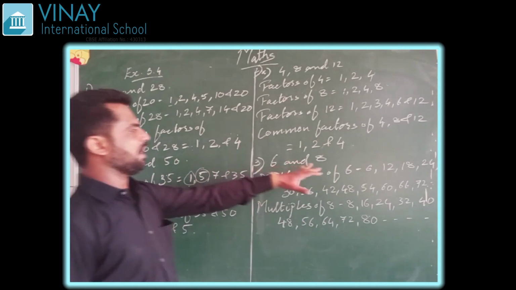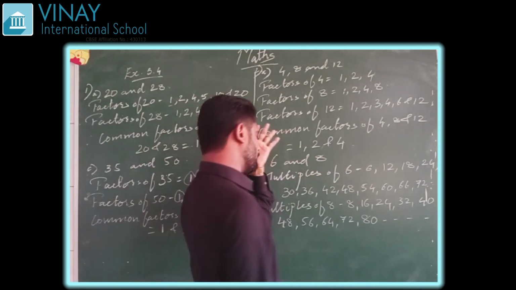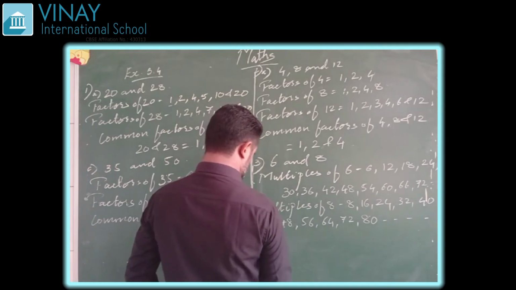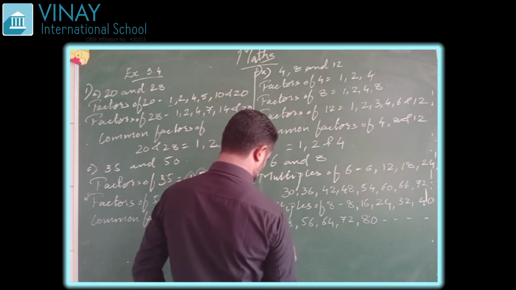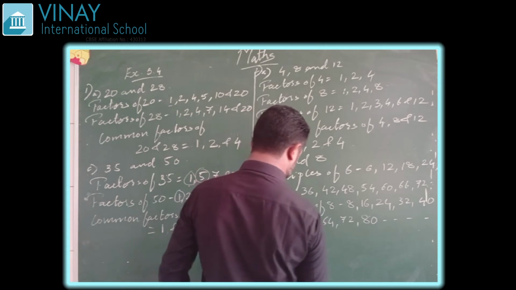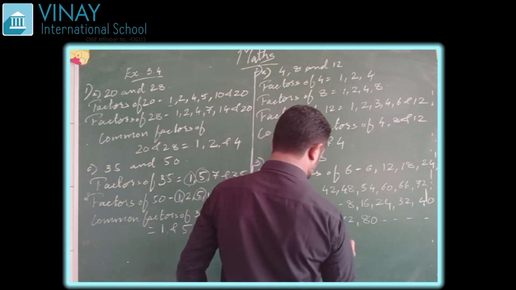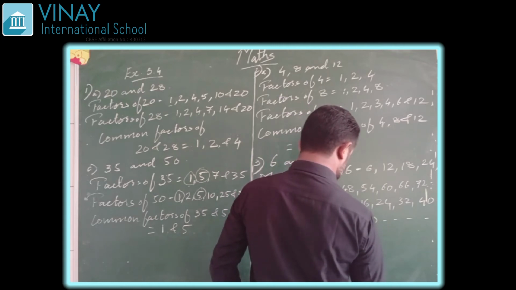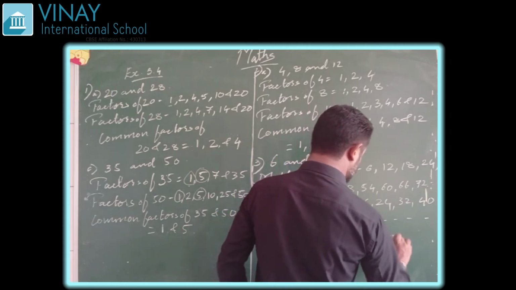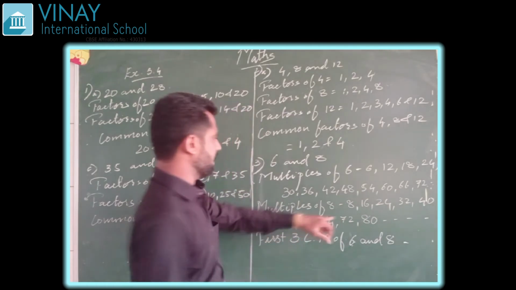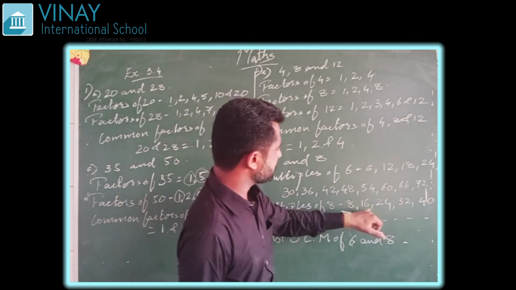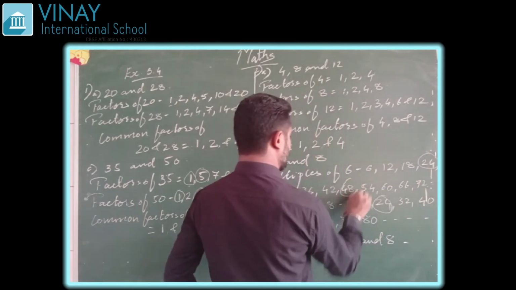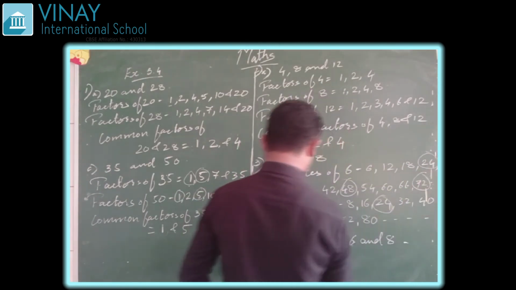Now we have to find the first three common multiples of 6 and 8. If we see here, 8, 16 are not there, 24 is, then 48, 72.